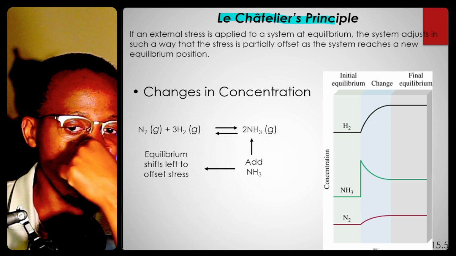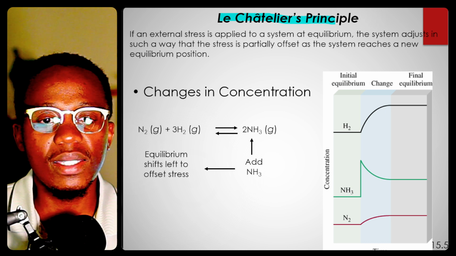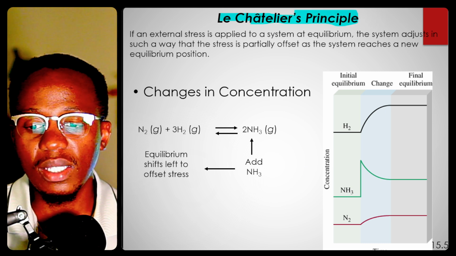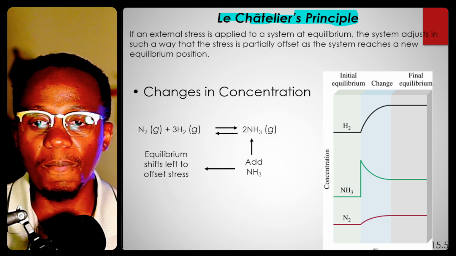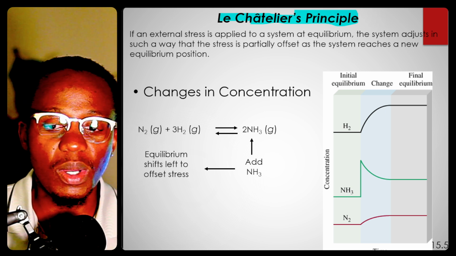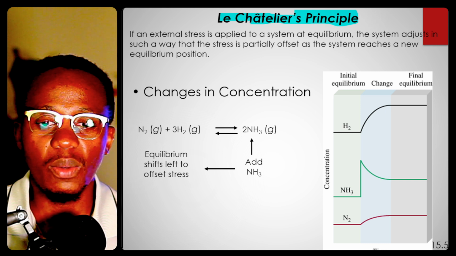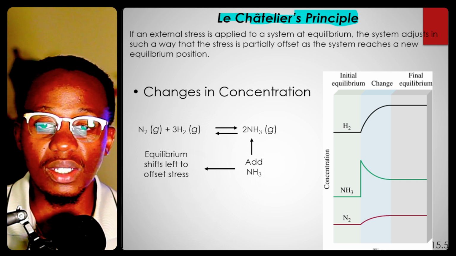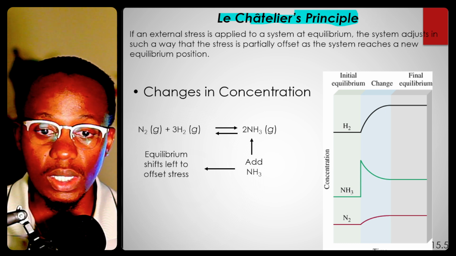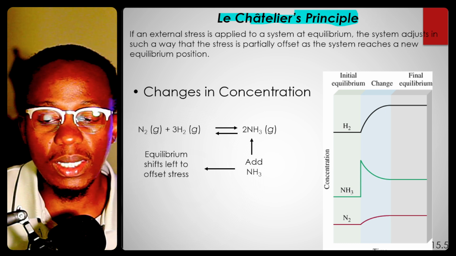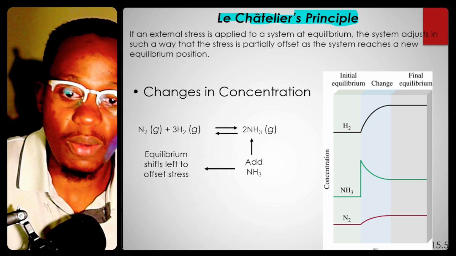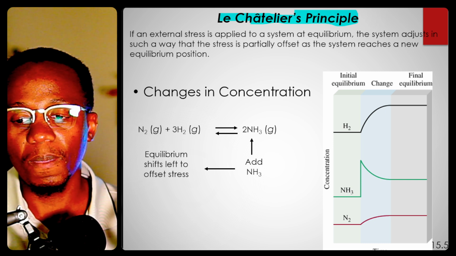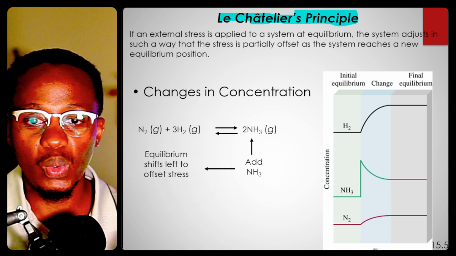It tells you what happens to the equilibrium when we change the conditions. Does it go left, does it go right, or does it stay the same? In this chapter, I'm going to introduce you to 3 things that we change, and then we'll see what happens to the equilibrium.